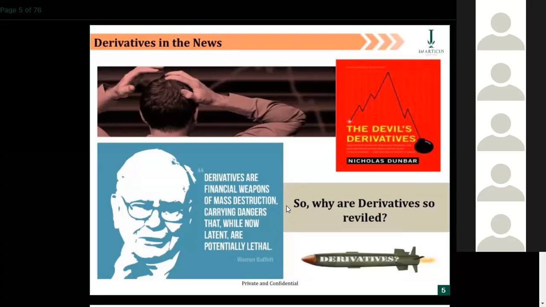This contract is called CDS, which stands for credit default swap, and it is taken when you want to secure your risk against the loan that you have given to another party. That is when this particular product is availed. We'll talk about this more later. So that is when this statement is more attached to that derivative instrument.